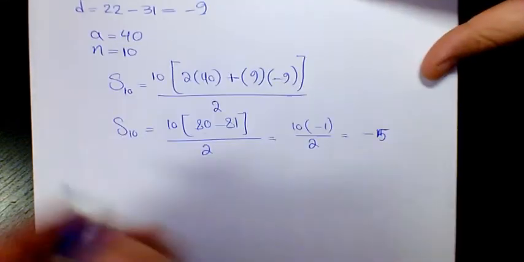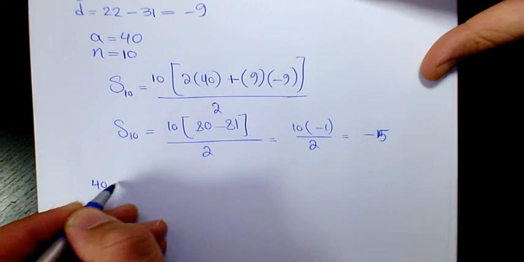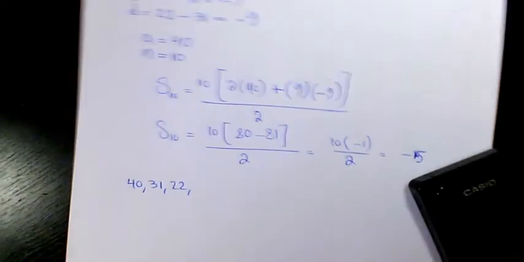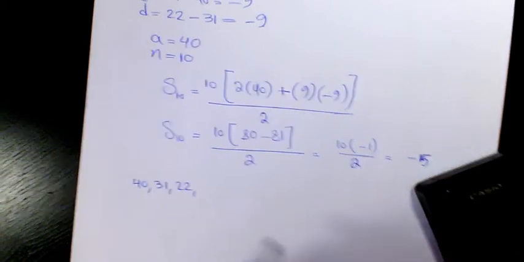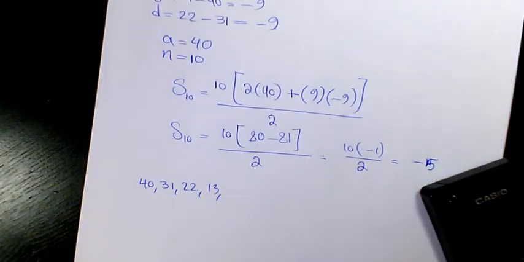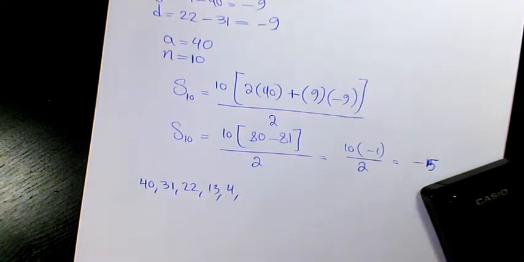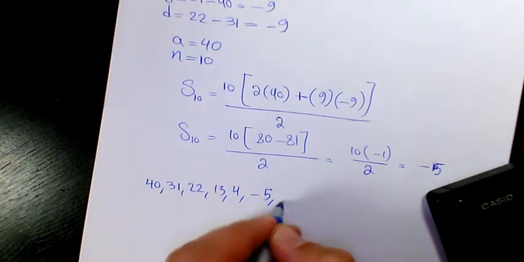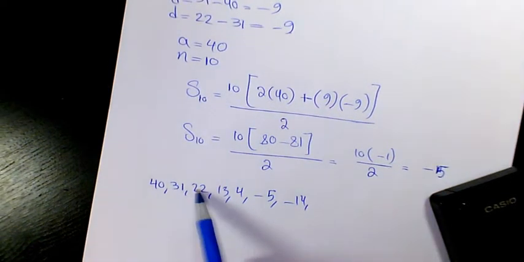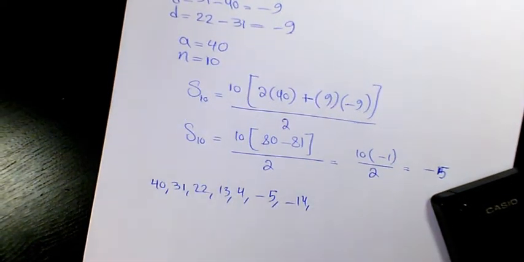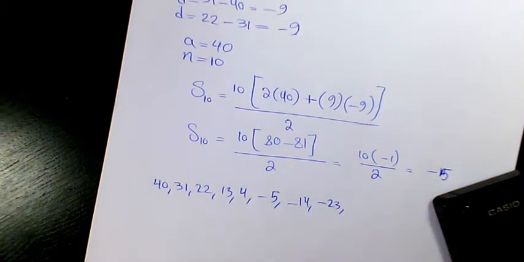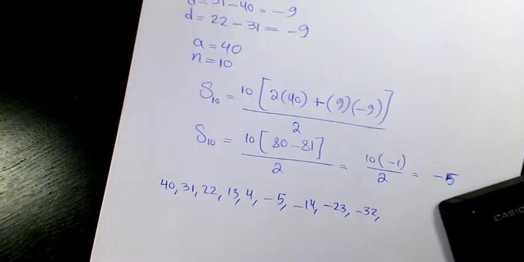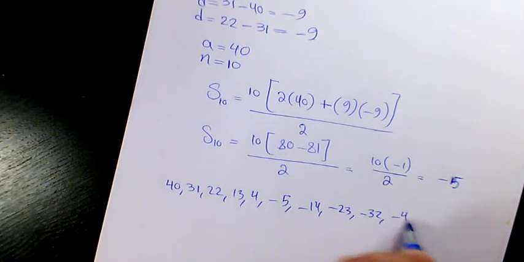Let's check that. 40, 31, 22. 22 minus 9 is going to be 13. Minus 9 is going to be 4. Minus 9 is going to be negative 5. Minus 9 is going to be negative 14. 1, 2, 3, 4, 5, 6, 7, 8, 9, 10.